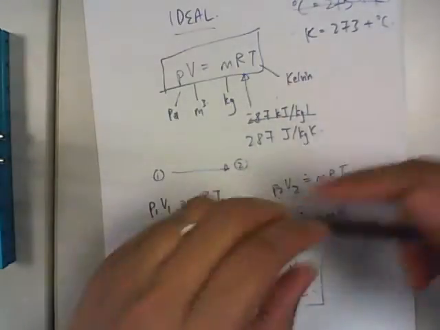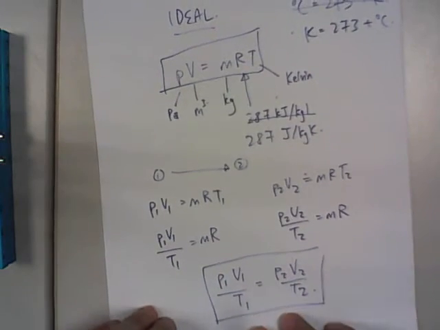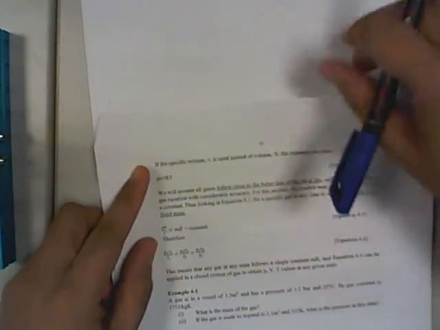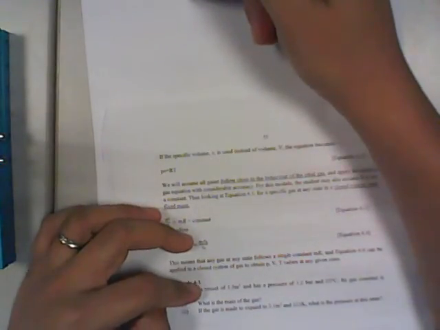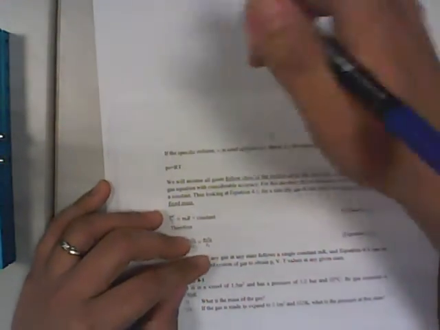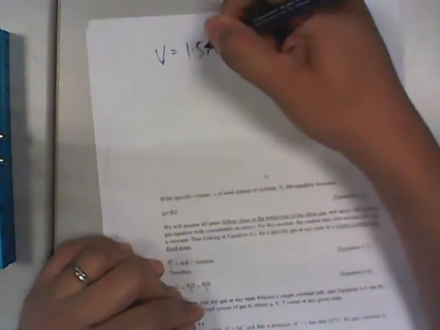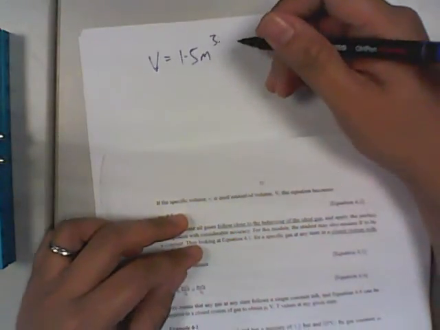So let's say we go to example 4-1. The gas is in a vessel of 1.5 meter cube. So that is your volume. The pressure is already given to you.